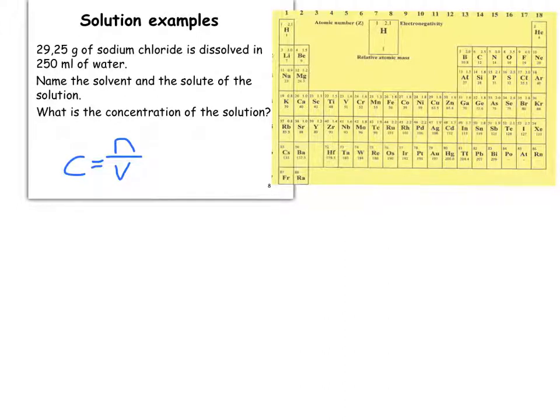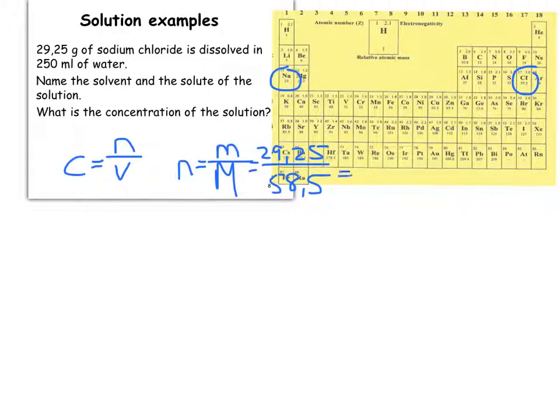Before I can work out the number of moles, I'm going to have to say number of moles is mass over molar mass. So 29.25 over the molar mass of 23 plus 35.5. So we land up with 58.5.